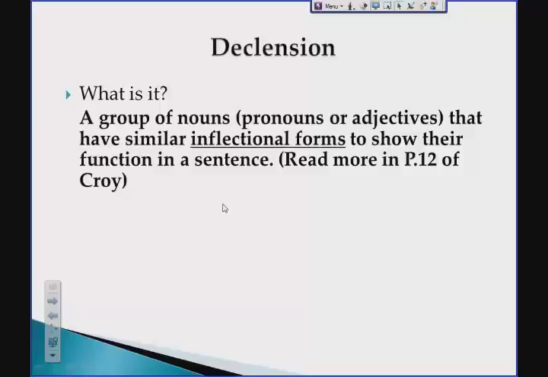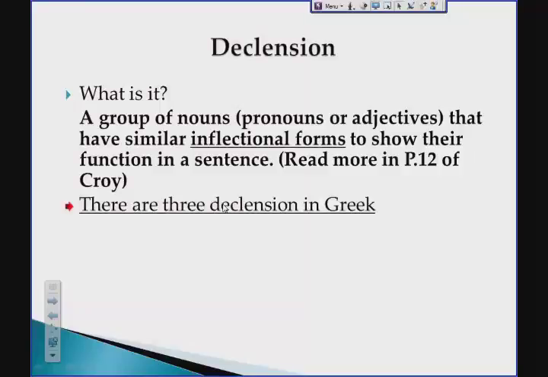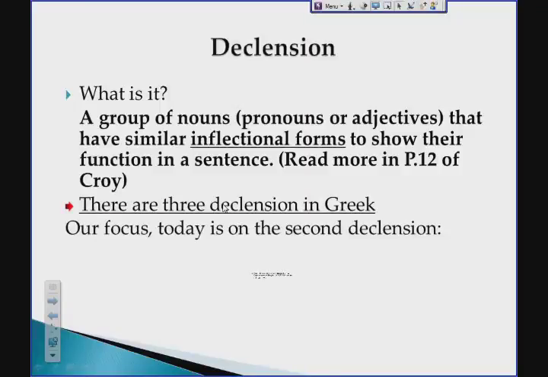That's where you have the first declension, the first group. This one looks the same, we call them the second declension. And this one looks the same, we call them the third declension. So those inflectional forms are very important. There are three declensions in Greek. I have said that already.